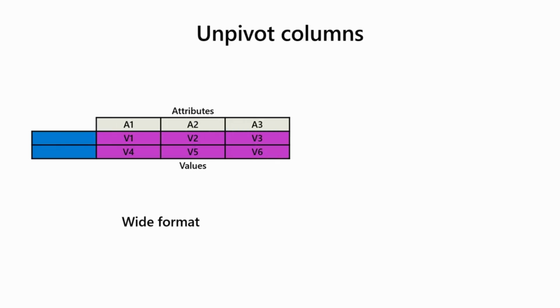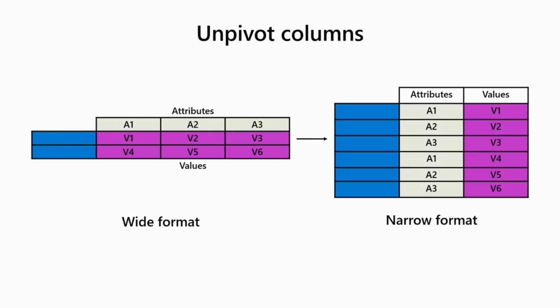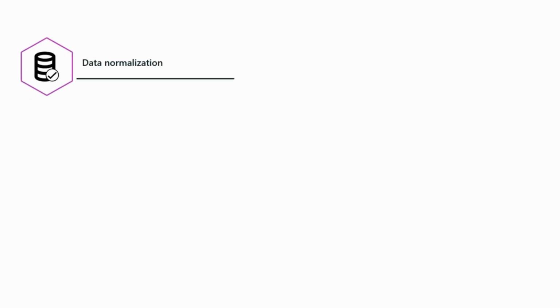The unpivot operation refers to the transformation of data from a wide format with multiple columns to a narrow format with fewer columns by reshaping the data structure. It involves converting column headers into row values, resulting in a more structured and standardized representation of the data. The unpivot operation is useful in data analysis, supporting data normalization by organizing data in a tabular format.